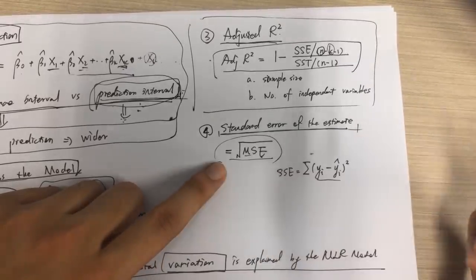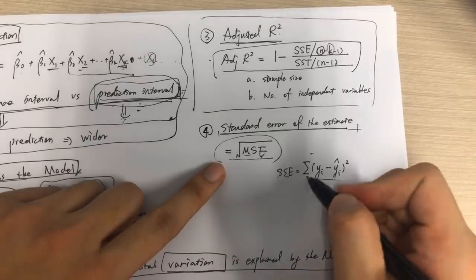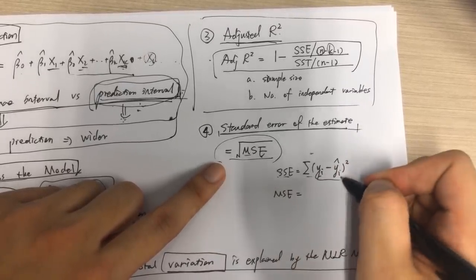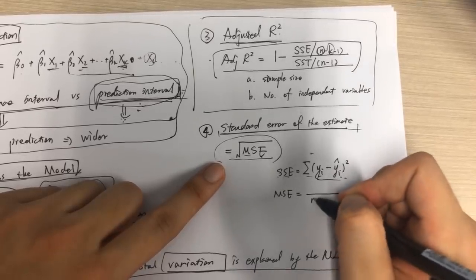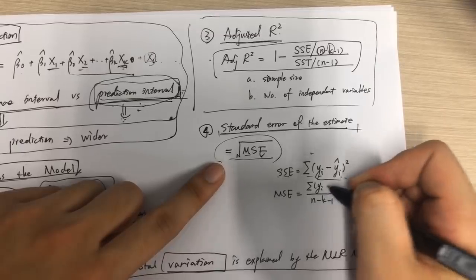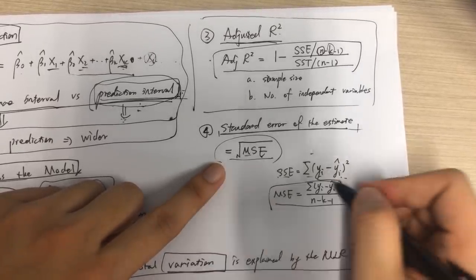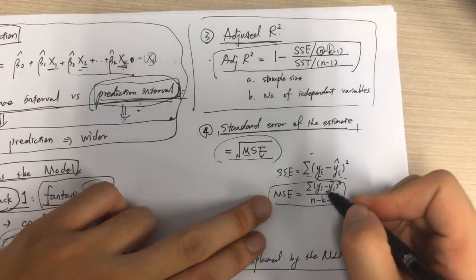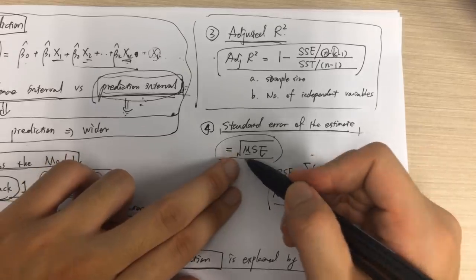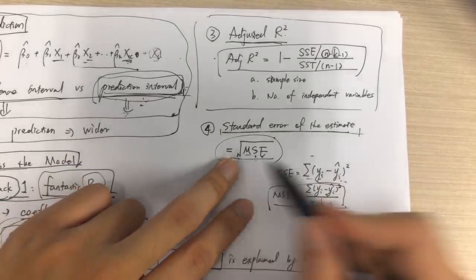So if we calculate MSE, it's pretty much like we divide the SSE by its degree of freedom. So MSE is the variance of residual. So it is divided by n minus k minus 1, which is yi minus yi hat squared. So this is MSE, which is the variance of the residual. Therefore, the standard error of the estimate, or standard error, is the standard deviation of the residual, okay?